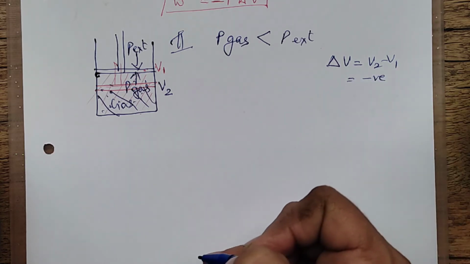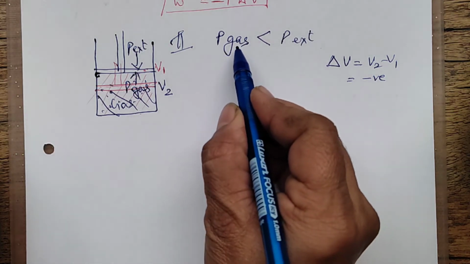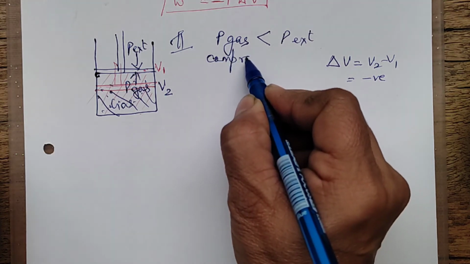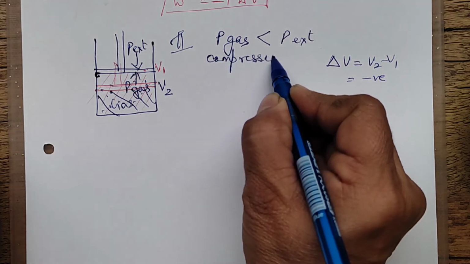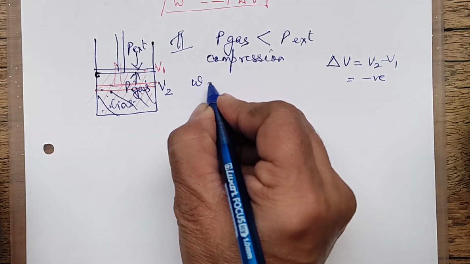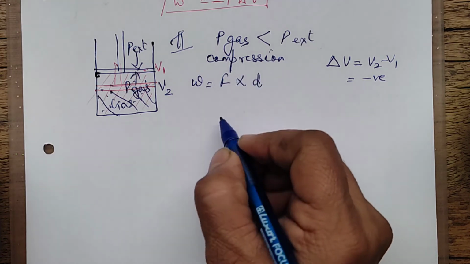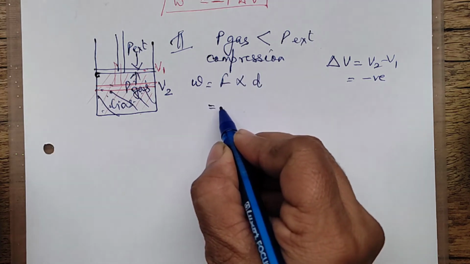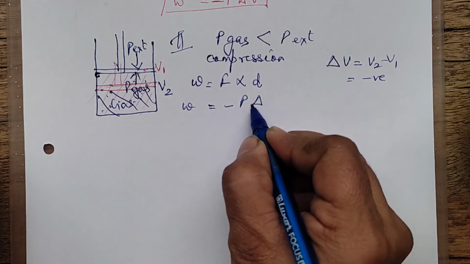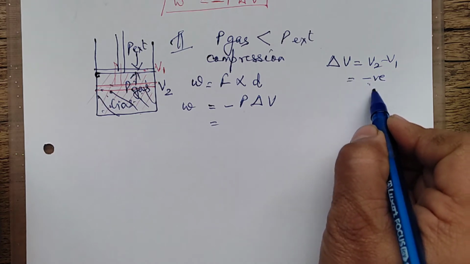Delta V is negative. The same formula we are going to apply, but before that just see, if external pressure is more, one thing is for sure: there will be compression. The piston will come down. So we'll now calculate the work done. Work done is equal to force into displacement. Again we get the final formula which we wrote earlier, minus P delta V. Now we know that delta V is negative in case of compression.